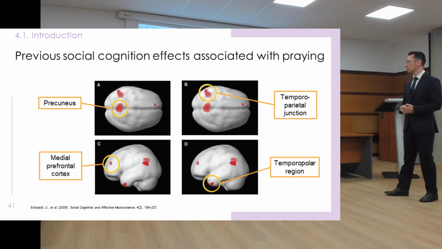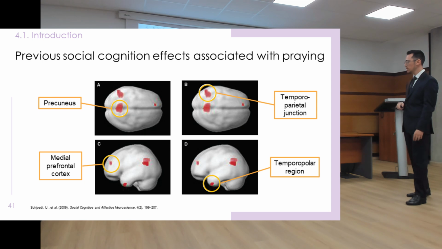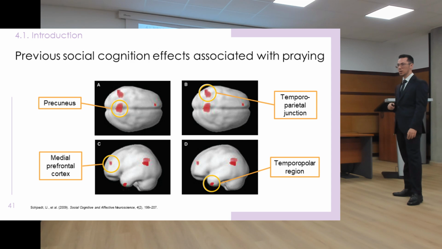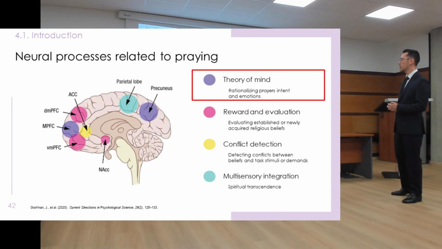So, previous research has revealed the activation of social cognition regions during improvised praying compared to a secular equivalent task. This article sets the base for our research here, and similar effects have also been observed in different systematic reviews of praying regarding social cognition regions, but also a diversity of functions.